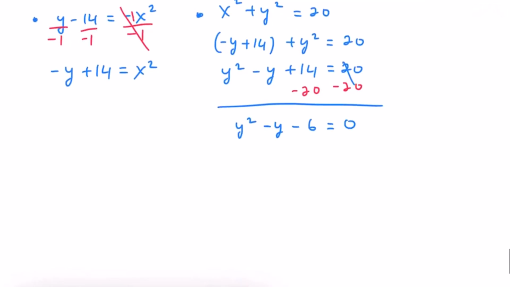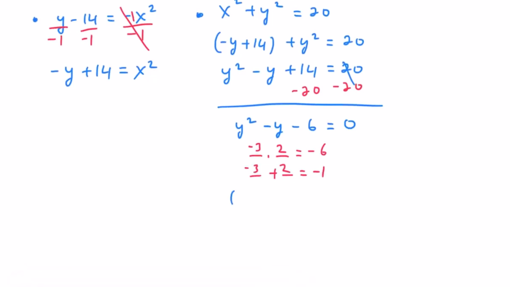Try and factor this. So we need two numbers that multiply to give us negative 6 and add to give us negative 1. So this here is negative 3 and positive 2.